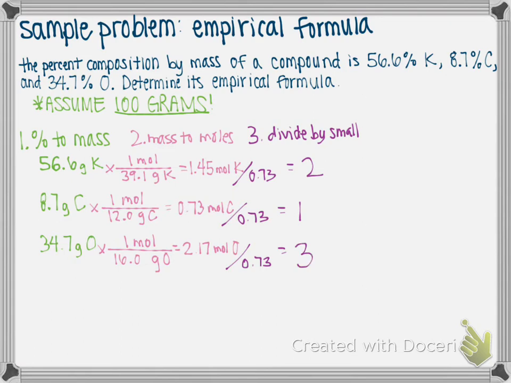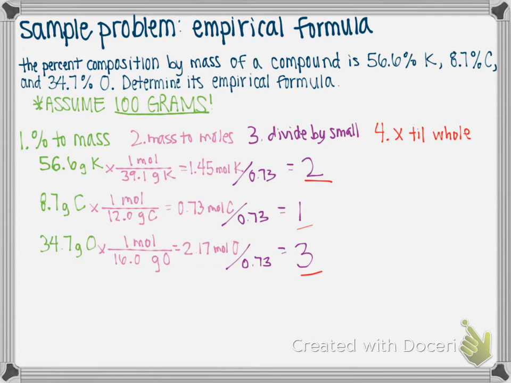So your step 4 is times till whole. But if you notice, these are already whole numbers. 2, 1, and 3 are already whole numbers, so we don't have to do step 4.